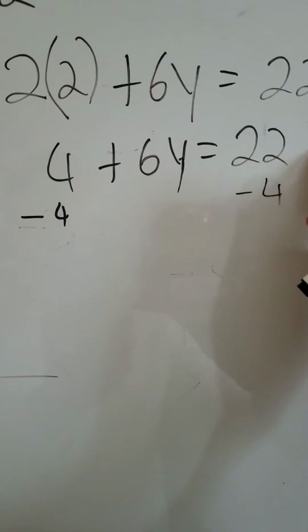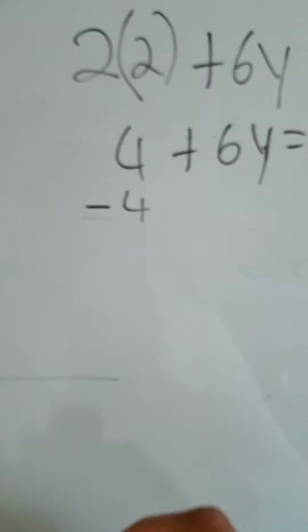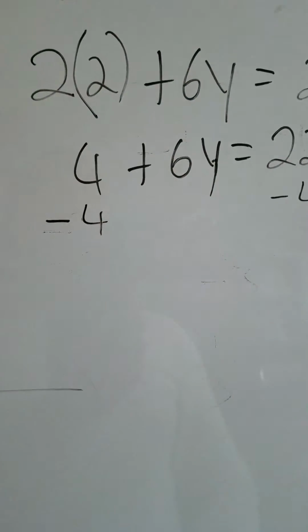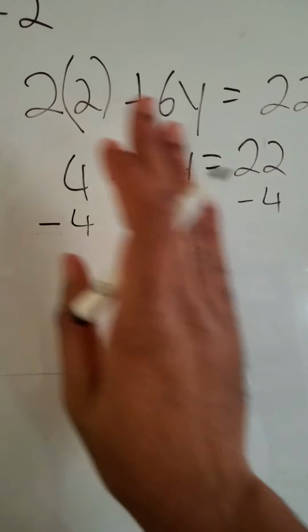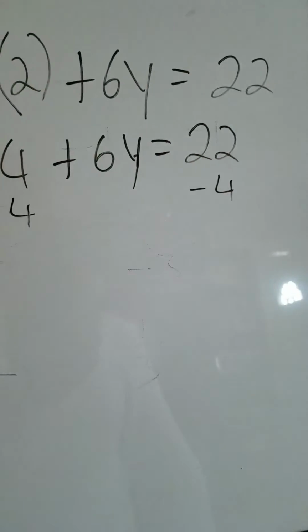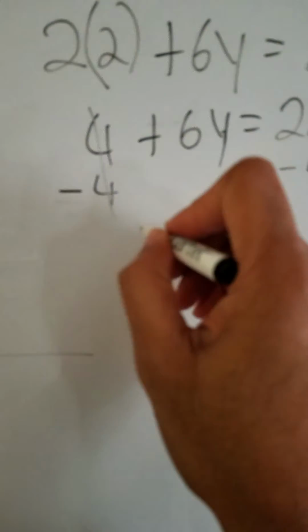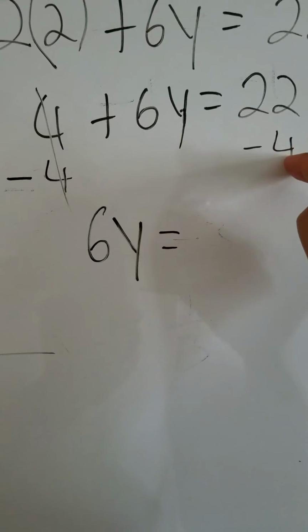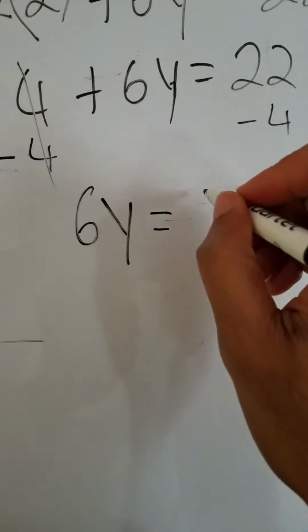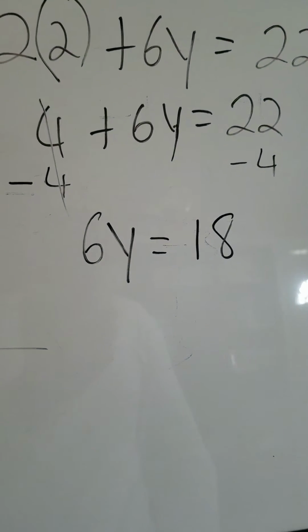What we do actually is we subtract that 4, but then we also subtract 4 from the other side, and that gave the appearance as if we moved this one and just put it on this side and changed the sign of it. So what we have left is the 4's cancel, and we have 6y is equal to 22 minus 4. 22 minus 4 is a positive 18, and so 6y is equal to 18.